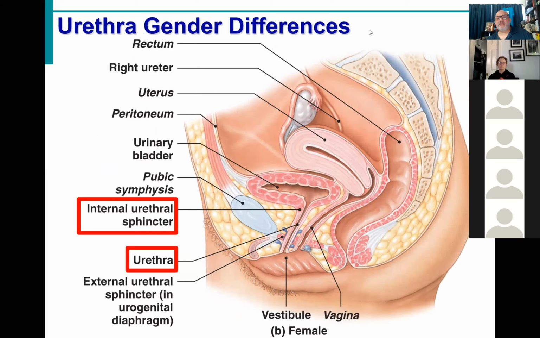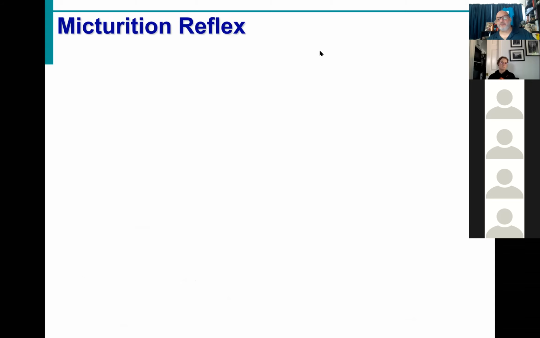But notice again, it passes through the urogenital diaphragm. So we have our external urethral sphincter down here, and of course our internal is going to be up here. So while they're in slightly different locations, their functions are going to be the same, which of course is the last thing we have to talk about, our micturition reflex.